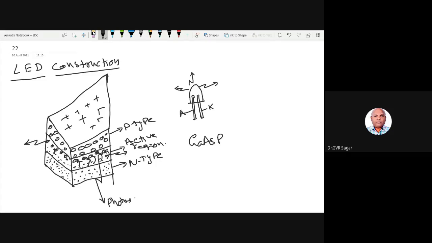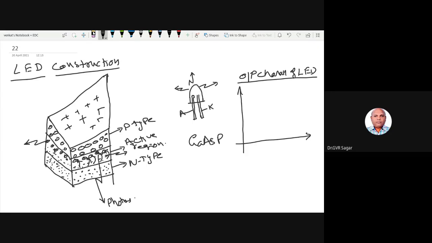Coming to the output characteristics of the LED. As we know, as the forward voltage goes on increasing, the light is continuously generated. That means it is proportional. How much voltage you supply, that much light is generated.